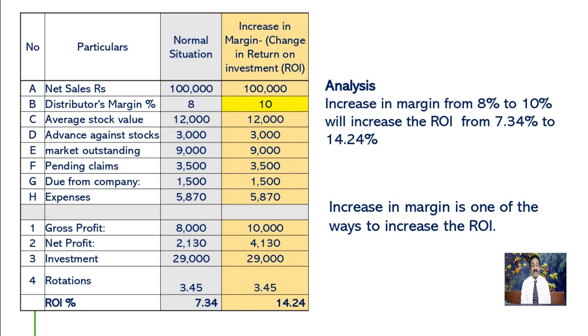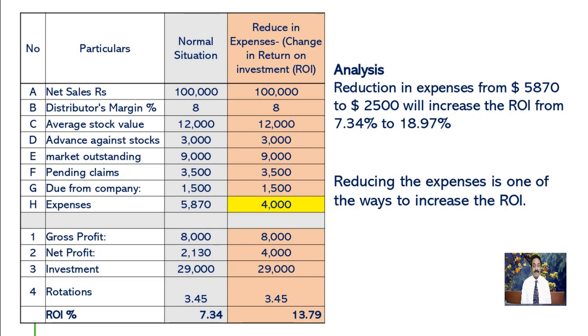With just a 2% increase in the distributor margin, the ROI almost doubled. This is the second way to increase the distributor ROI. First is increasing the sales, second is increasing the distributor percentage margin. Now I will show you the third way you can increase distributor ROI.